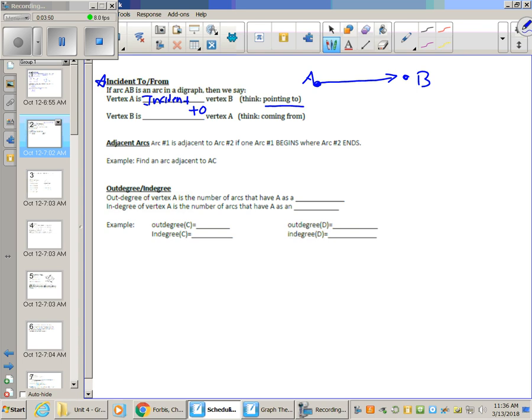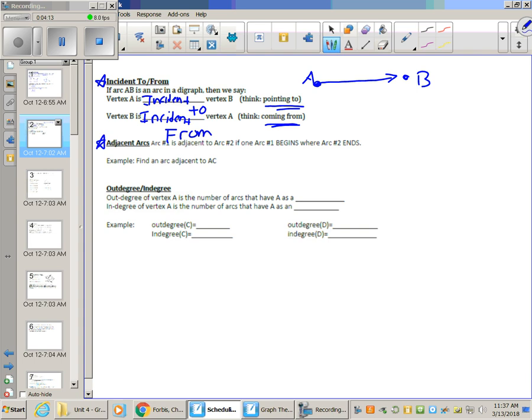A is pointing towards B. But then B would be incident from vertex A. Think about it's coming from A. So I'm looking at B. B is coming from A. So I usually use the coming from and the pointing to instead of incident.